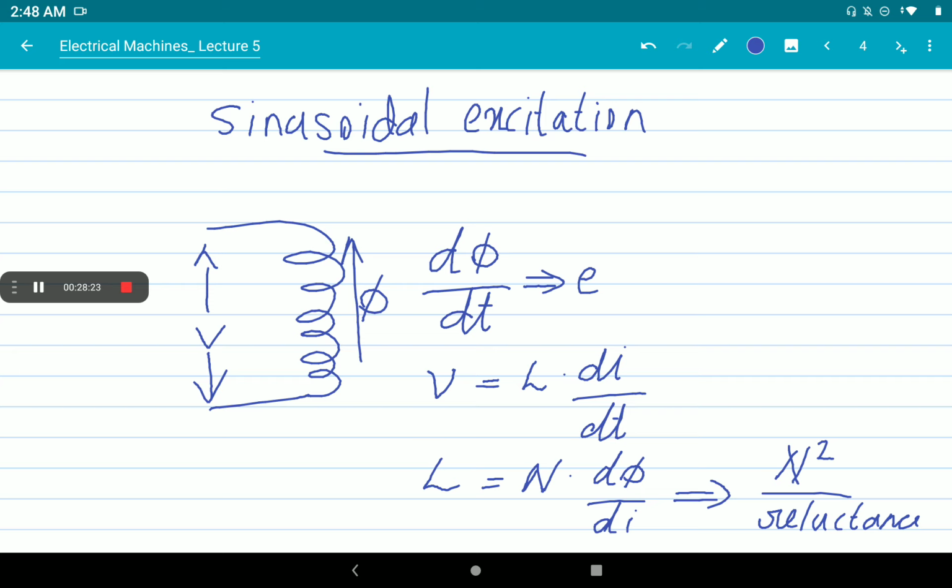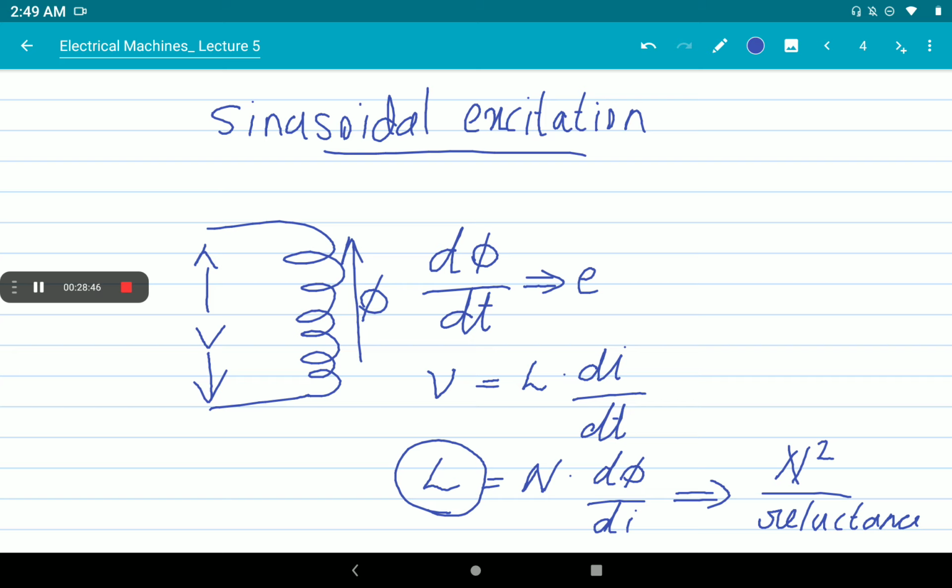So it depends on the reluctance or permeability of the ferromagnetic core. That means inductance depends on the material property. Reluctance and permeance are inversely related, so inductance depends on the reluctance.